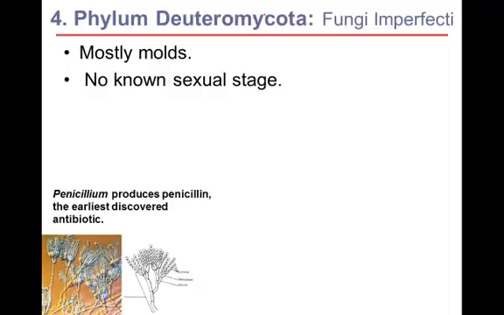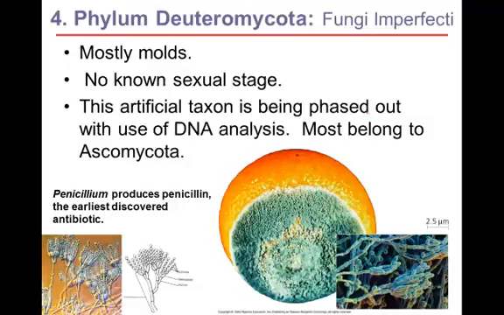That's a very poor reason to group things together, and we called them imperfect because we didn't know how they reproduce sexually. And some of them, in fact, as far as you know, still don't have a sexual mode of reproduction. But it is an artificial taxon or artificial category, and it's being phased out because of DNA analysis. We can find out who's related to who and don't have to depend on just how they reproduce.